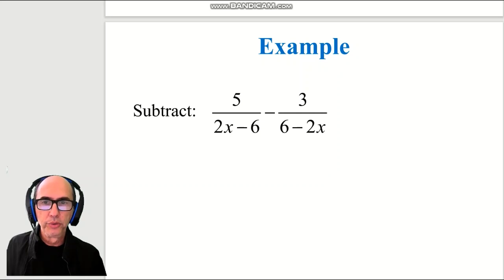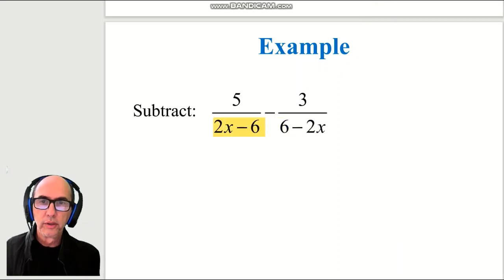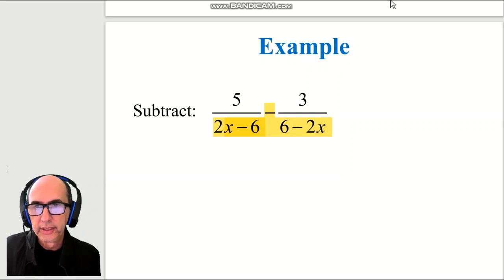Another example: subtract 5 over 2x minus 6, minus 3 over 6 minus 2x. Be careful, that's a tricky question. Look, compare the denominators. They kind of look alike, but they are switched, right?